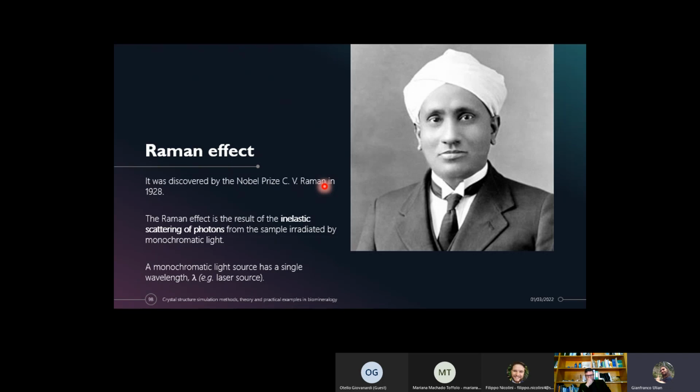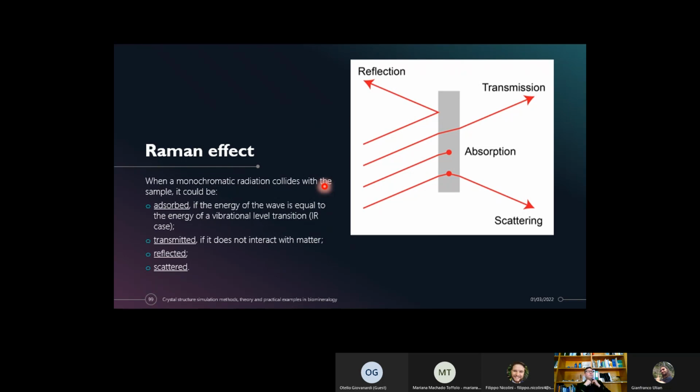In infrared spectroscopy, you send a lot of wavelengths to your sample, and you see which ones are absorbed by your sample. Here, instead, you send a specific wavelength, a monochromatic light, a single wavelength, and you see what happens to your sample. What signals are emitted by your sample?